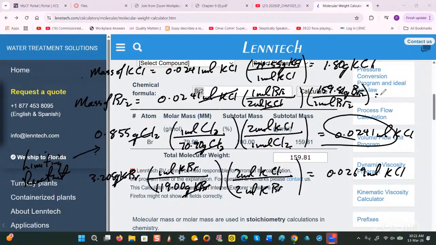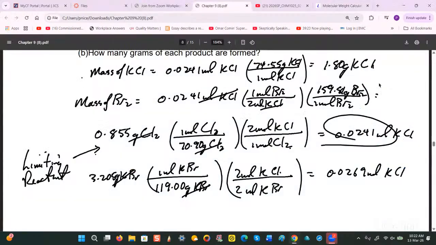And we work that out. 0.0241 divided by 2 times 159.81. So I got, rounded off to 3 sig figs, 1.93 grams of Br2. And that's basically how that is done. So these are the two answers for B, this one and this one.